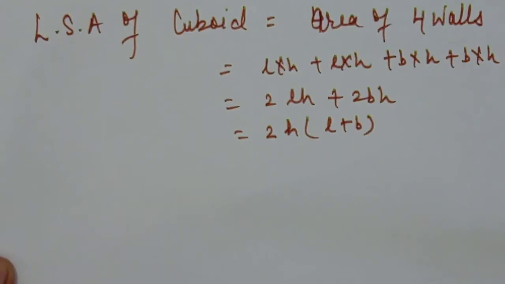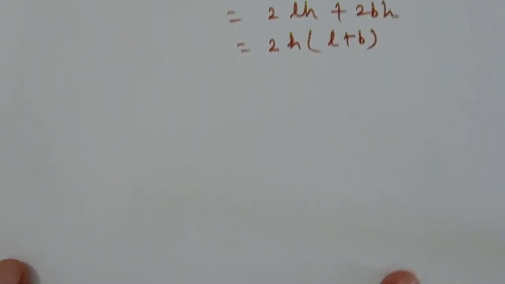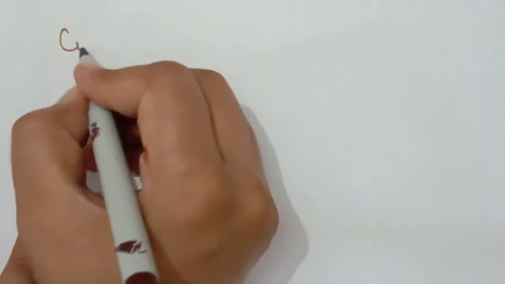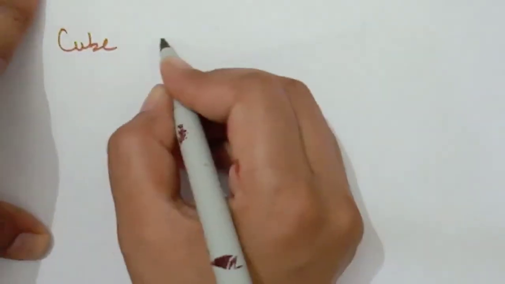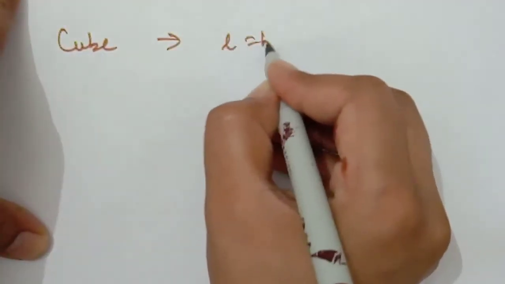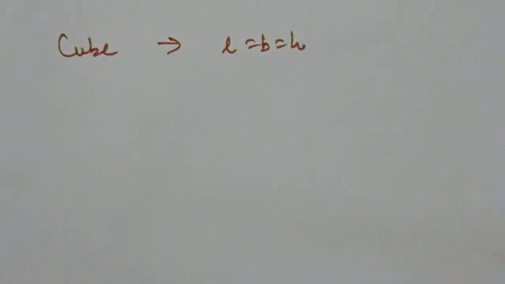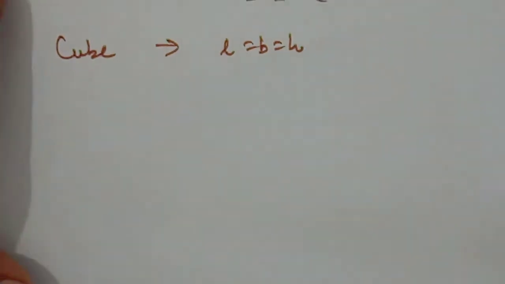Now we will discuss the cube. A cube is a special case when length is equal to breadth is equal to height in a cuboid. I already explained that it is a special case of a cuboid.